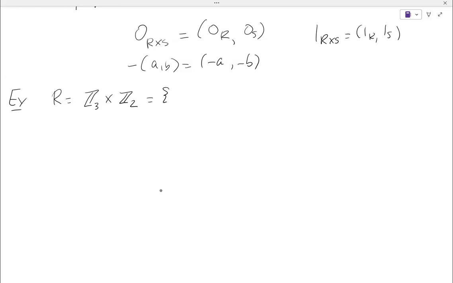Oh, you're thinking way too hard. No. What is Z mod 3? You were thinking really hard there. Yeah. 0, 1, 2. Ah, there we go. 0, 1, 2. What is Z2 then? 0, 1. Okay, so what are the elements going to be?